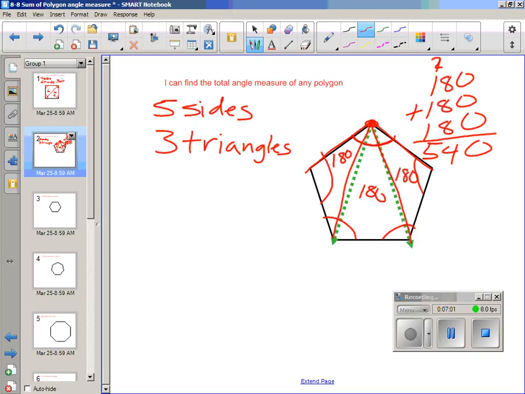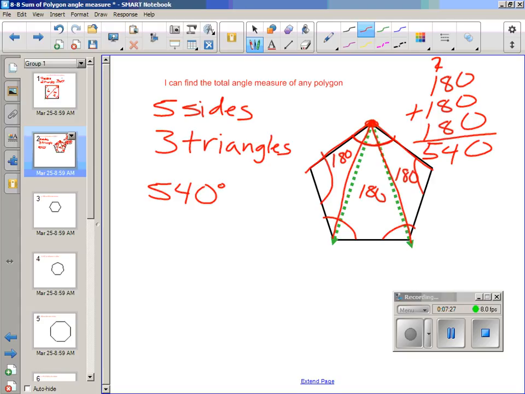Now, I want to just take it one step further and say this. If that pentagon, the sum of all their angles equals 540. And I'm going to throw out another term that we need to know. It's called a regular polygon. Here's what a regular polygon has. It has all congruent sides.